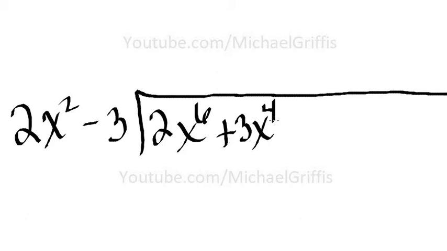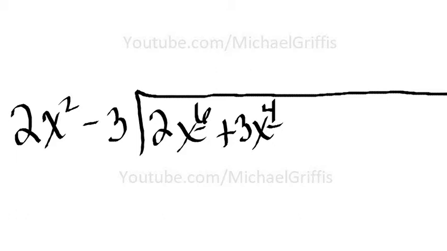Do you see what's going on here? We're going to need some placeholders because we have a 6 and then we have a 4. We should have a 5 in there somewhere. Better be careful.